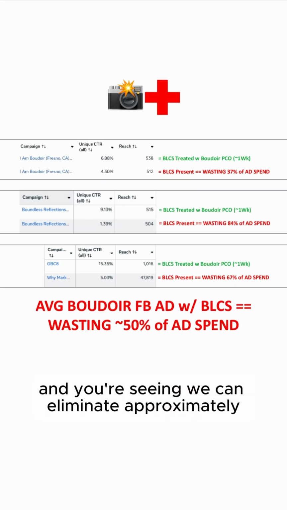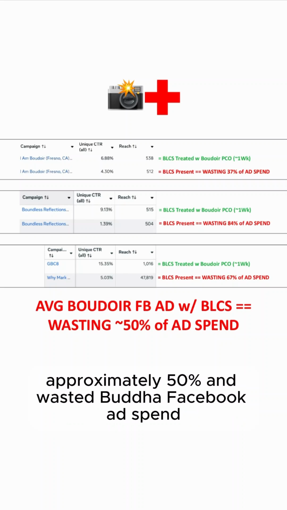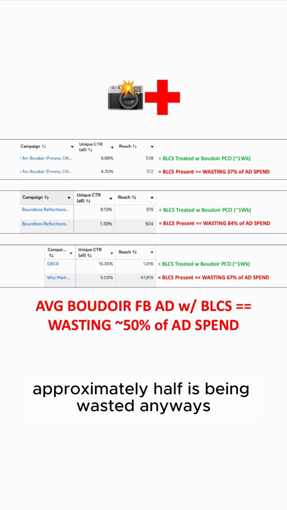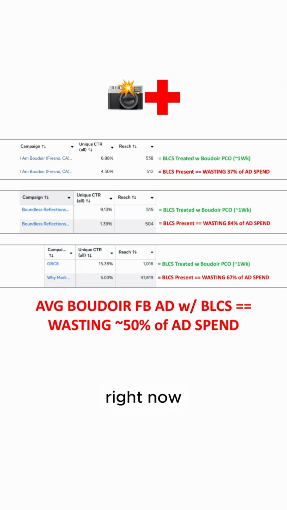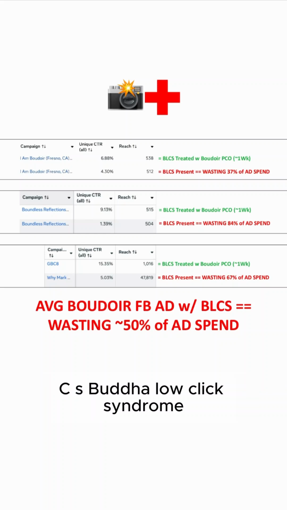And you're seeing we can eliminate approximately 5K a month, approximately 50%, in wasted Boudoir Facebook ad spend. Put that back in your pocket instead of Zuck's, because we already know approximately half is being wasted right now if a Boudoir Facebook ad has BLCS, Boudoir low click syndrome.